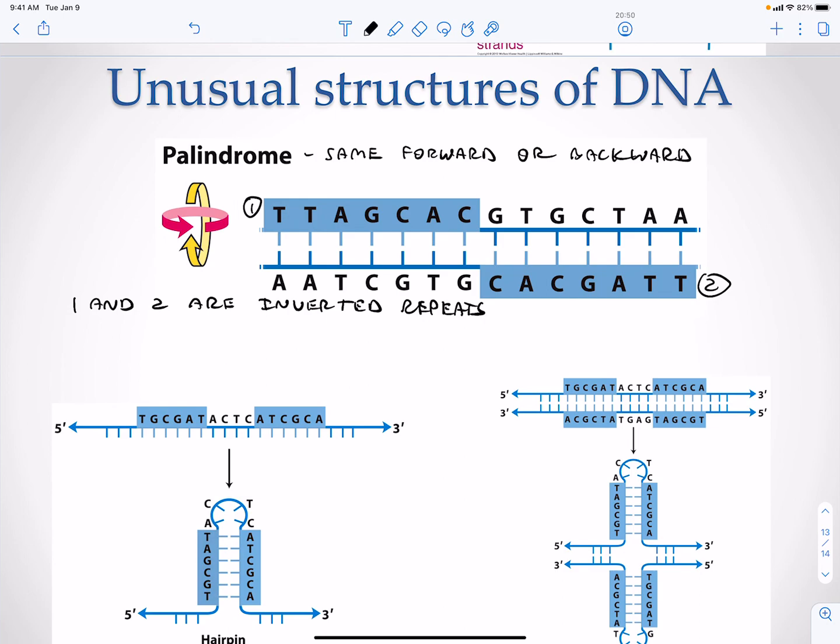The first structure they can form is going to be called a hairpin. So we'll put A here. A is a hairpin. Looks like a hairpin. And B over here is a cruciform.